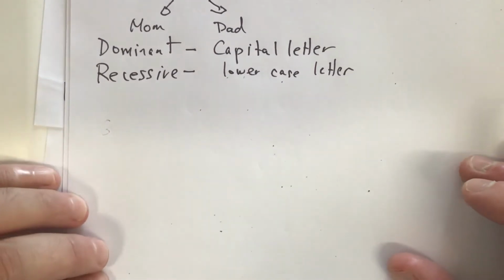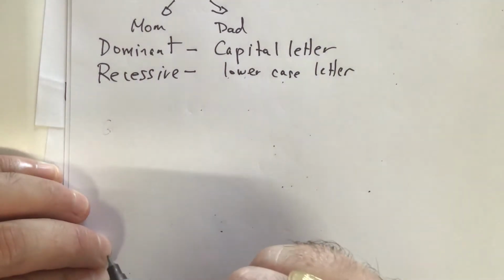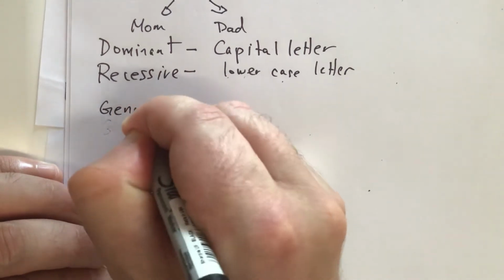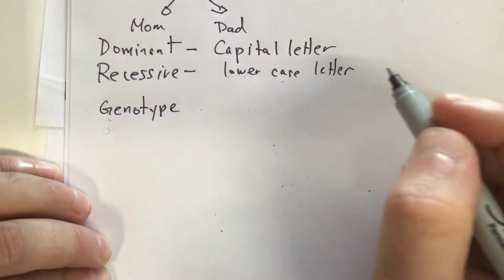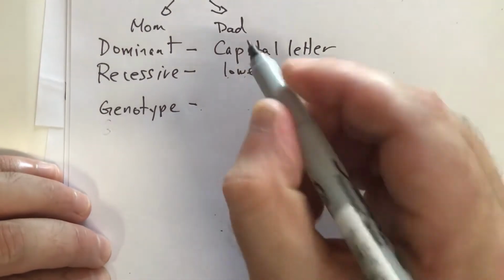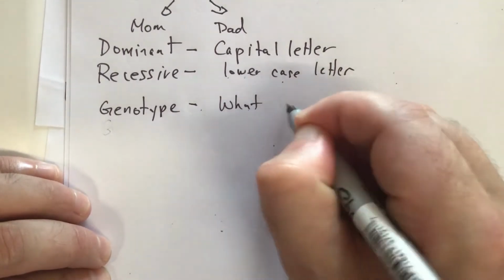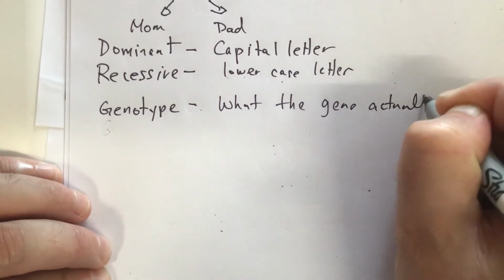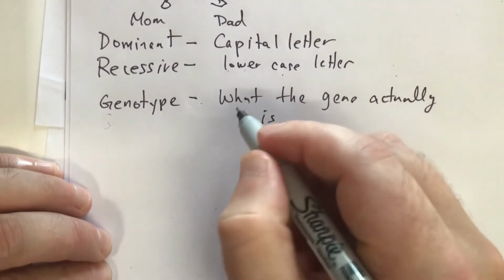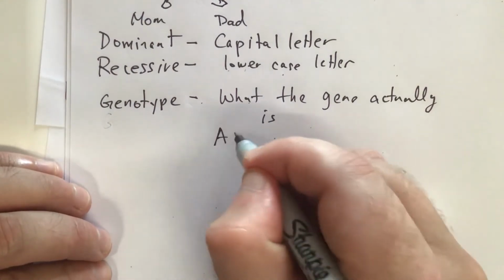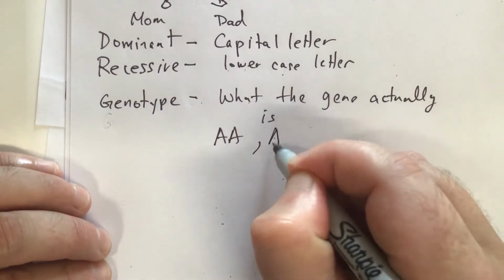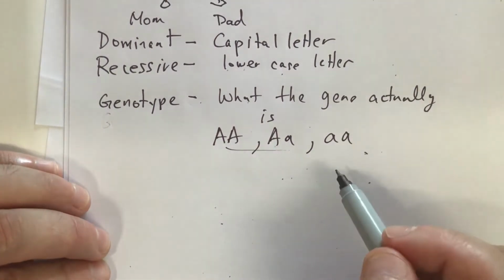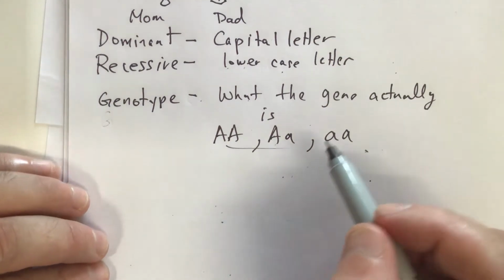One other piece of good vocabulary that we can remember is the word genotype. A genotype is what the gene actually is. So say we have some sort of gene, it could be AA like this, or Aa like this, or aa like this. These are what the genotypes are. These are what the actual genes are.